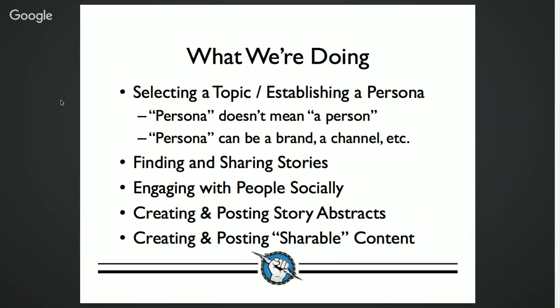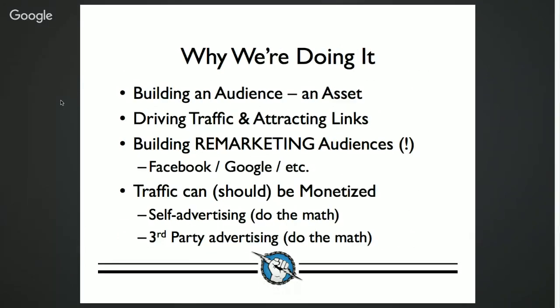We're creating and posting story abstracts to the blog. We're creating and posting shareable content, what we typically call commentaries, through the blog and also through social channels. And of course, we're doing it all to build an audience, that is to actually get an ever-increasing number of people who are paying attention to what we're sharing.